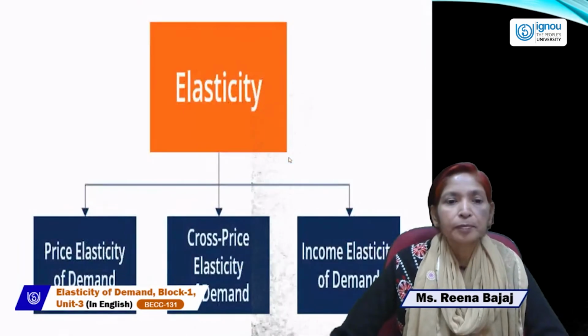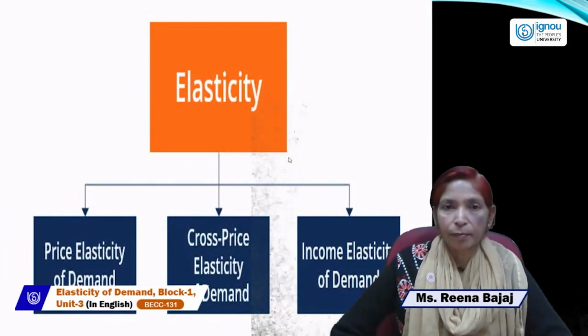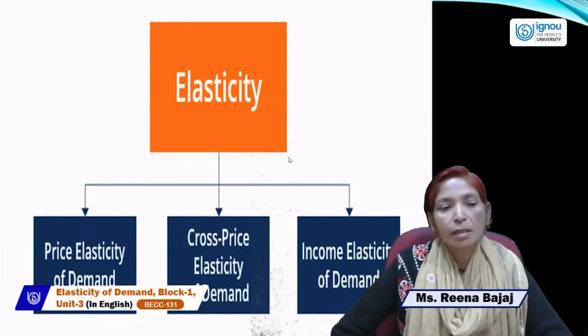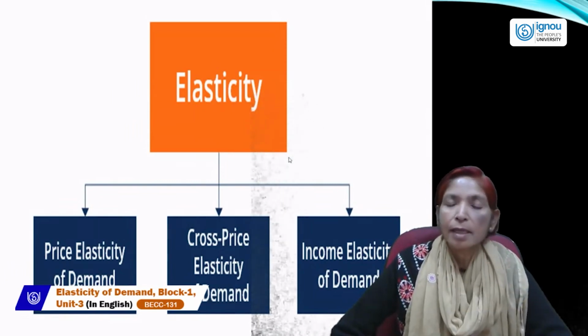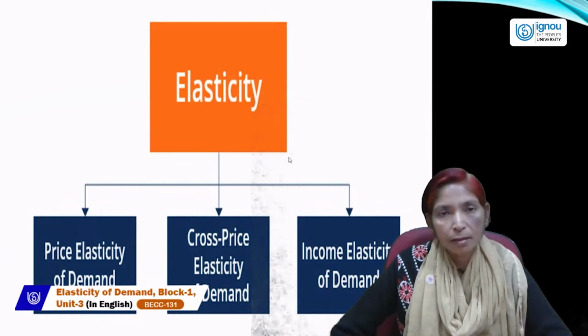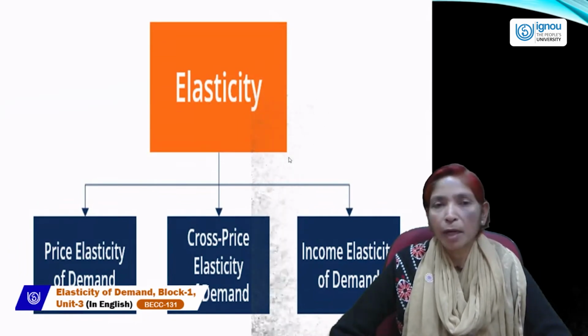Now next, elasticity has three types. There are three types of elasticity. One is price elasticity of demand. Second is cross elasticity of demand. And third is income elasticity of demand.